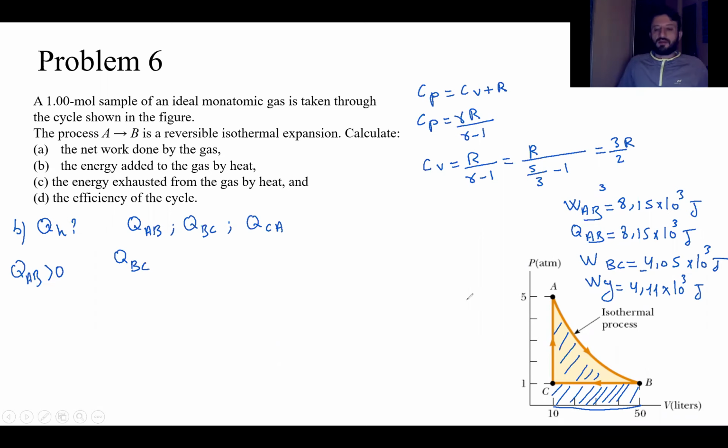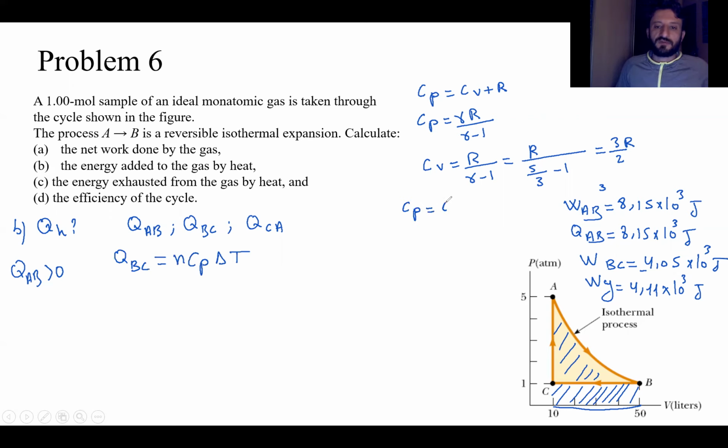In general, we have P constant. We calculated W_BC, and to calculate QBC, in the case of P constant, we can say directly nCP delta T.